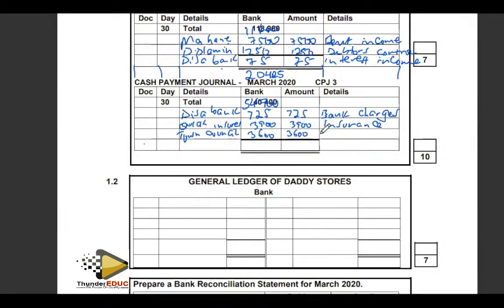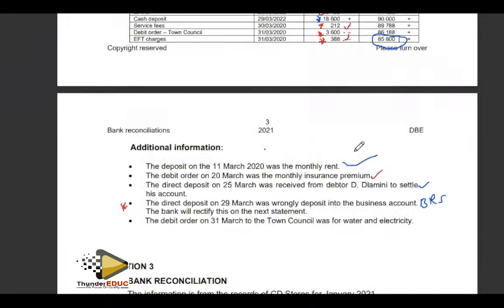So it was for water and electricity, okay. Then I have to go back and check if I've done everything. So even this one is done. So I have to take it off and say, okay, we are done with this also.